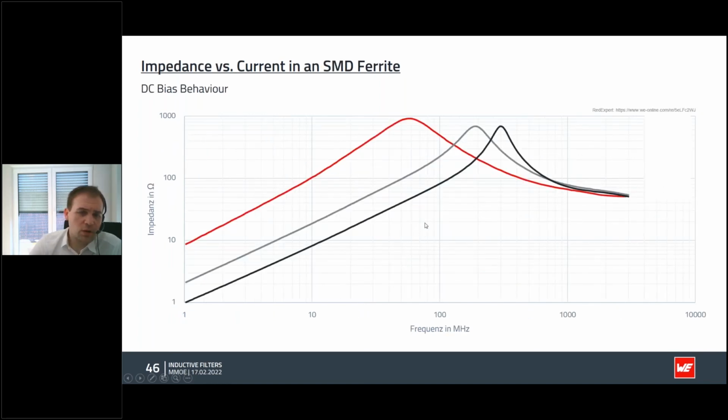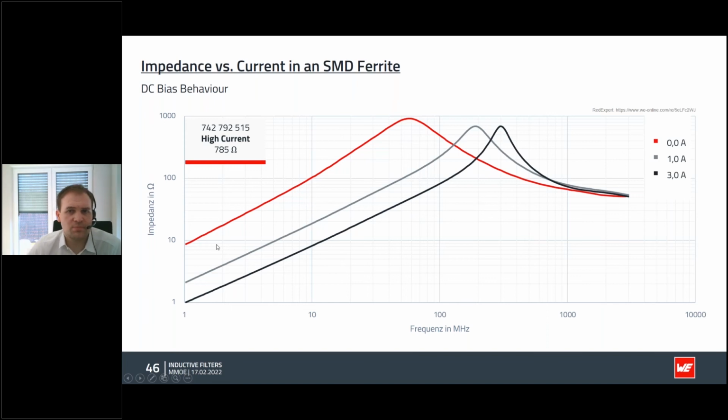For an SMD ferrite, we also have a saturation behavior. And as you can imagine, we have only very, very little of the ferrite material here. And this very little material can be saturated very fast. So introducing a current to this SMD ferrite will result in a drastically different impedance curve.